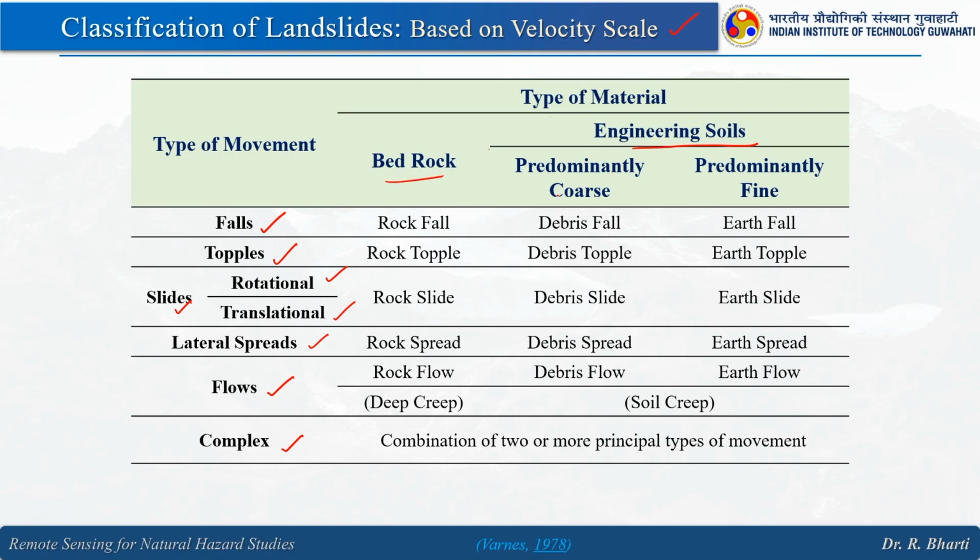When we talk about the soil, you have predominantly coarse and fine material. Then based on these rocks and soil, we have categorized it into different categories. The falls will be called rock fall, and the coarse soil will be debris fall or earth fall. Then topples will be rock topple, debris topple or earth topple.